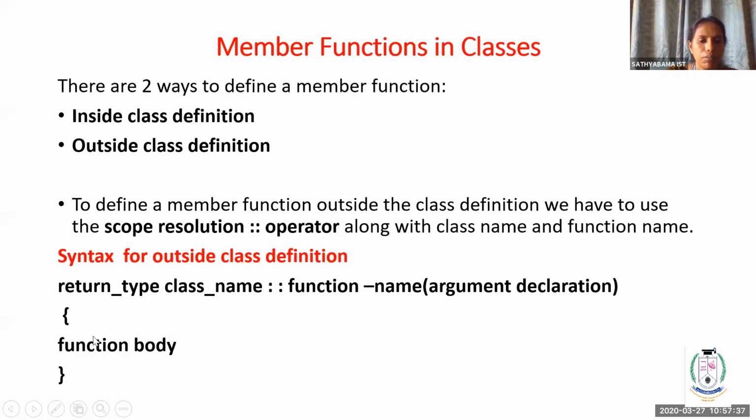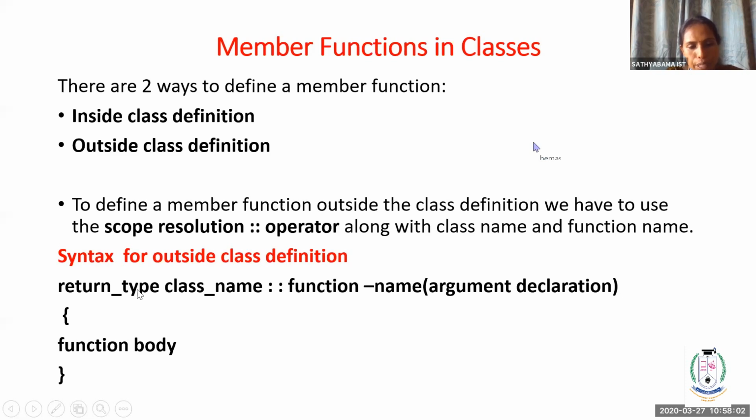The executable statements will be present in the function body, and then close the function. Here the scope resolution operator tells the compiler that this particular function belongs to which class. Please remember this syntax for defining the function outside the class.